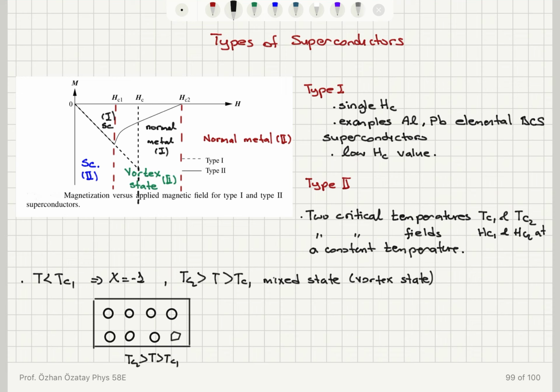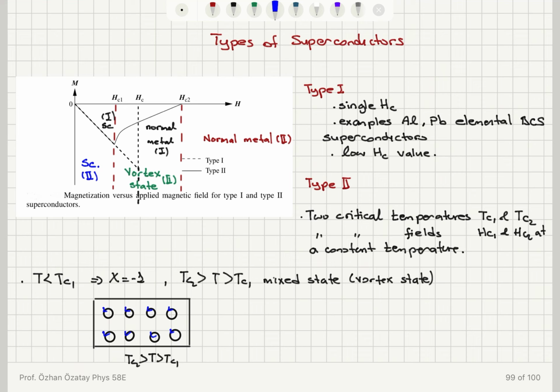And then we have electrical currents that can pass, since we said it has to be a surface current here, so electrical currents can pass through these, forming vortices.